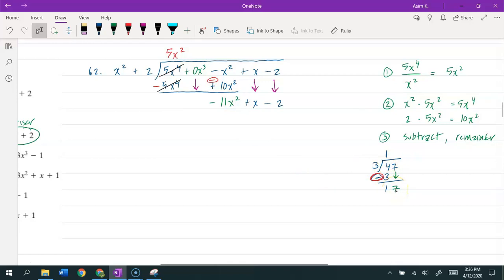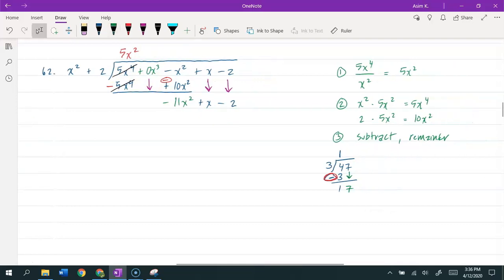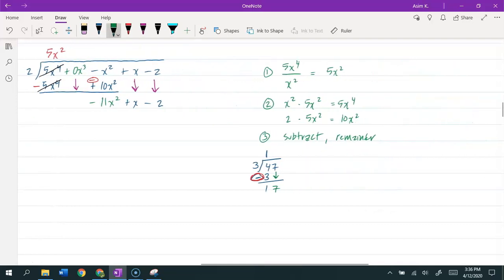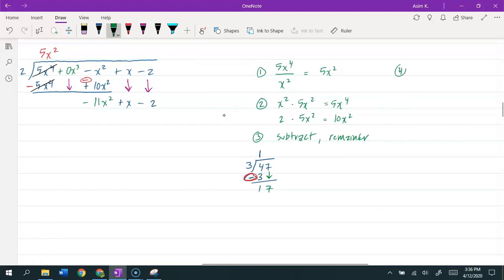If you can't think of a good way to do it, let me just put a little reminder for you. What you're really asking yourself is, what's negative 11x squared divided by x squared? And that's negative 11.